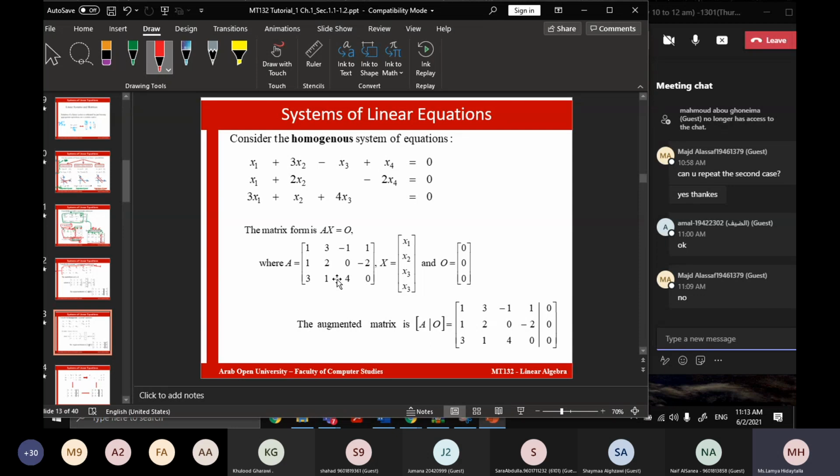Now solve the homogeneous system. احنا قلنا before I solve I have to find the augmented matrix, correct? طيب he did not give me the equation, but he gave me this one, and then he said solve the homogeneous system. So I want the constant, but since he said it is homogeneous, immediately I will know that the constants are zeros. So if I want to write the augmented matrix, immediately I'll put this one and then the line, and here I'll put zeros.